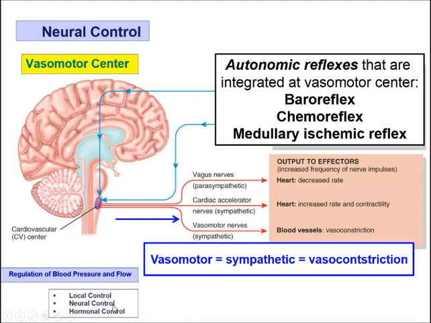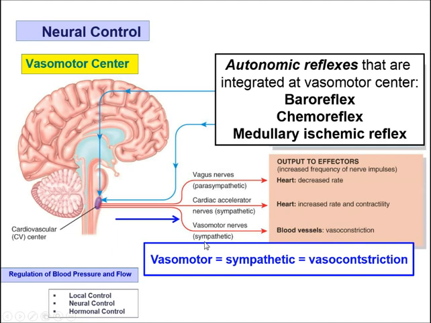Okay, anyway, neural control. So the vasomotor nerves are heading out to blood vessels, and they carry sympathetic innervation. Sympathetic only. So when vessels are stimulated by the vasomotor nerves, they will always vasoconstrict.